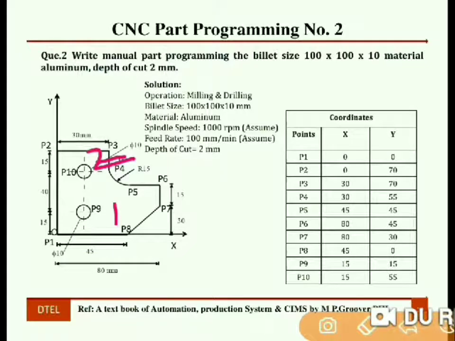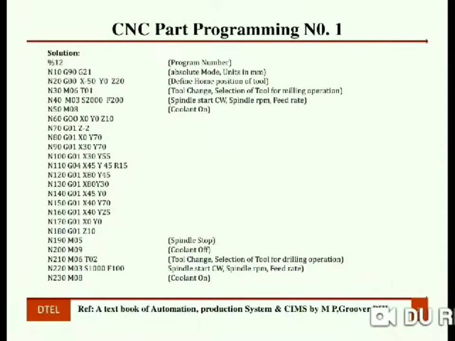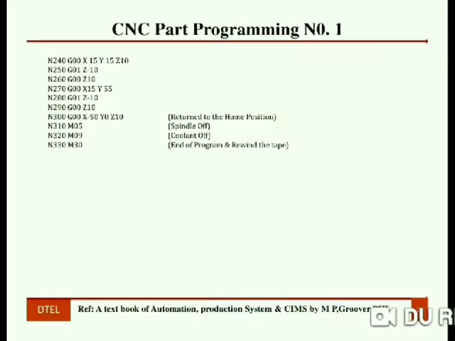The tool must move rapidly to the desired location, P9, so we have to use G00 positioning. So N240, G00, X15, Y15, Z10. The P9 coordinate is X15, Y15, and Z10 means 10 mm above the workpiece.